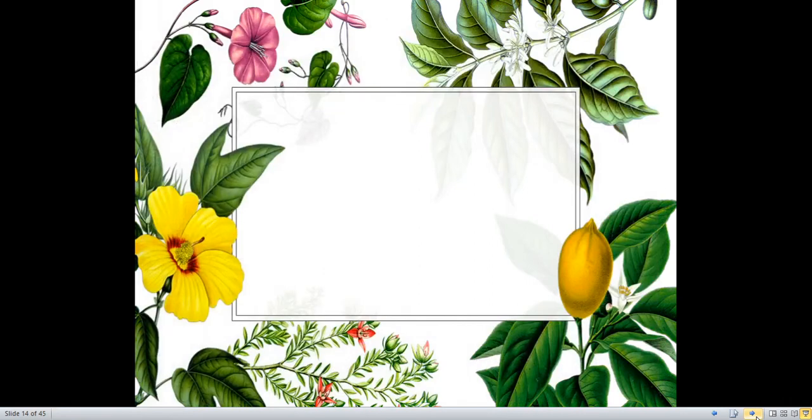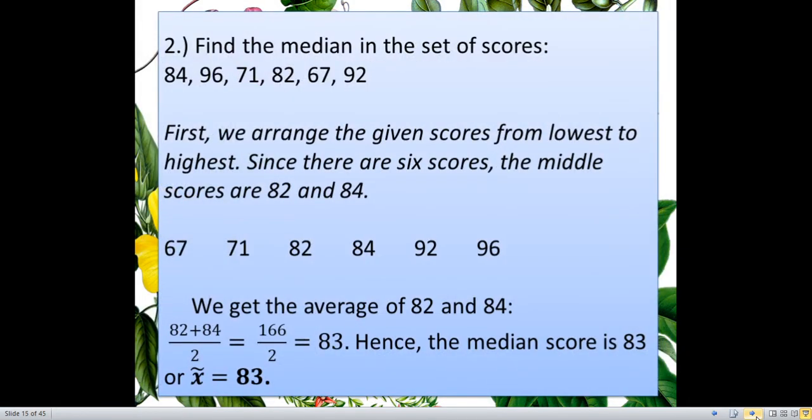Okay, next. Example number 2. Find the median in the set of scores. If I have 84, 96, 71, 82, 67, 92, first again we need to arrange that from lowest to highest. But since there are 6 scores, the middle scores are 82 and 84.